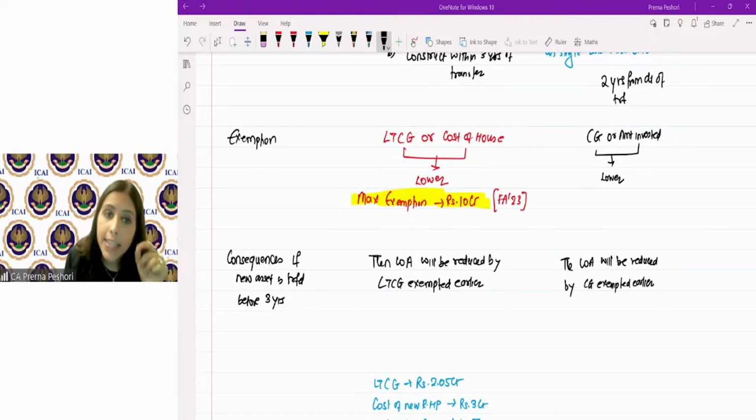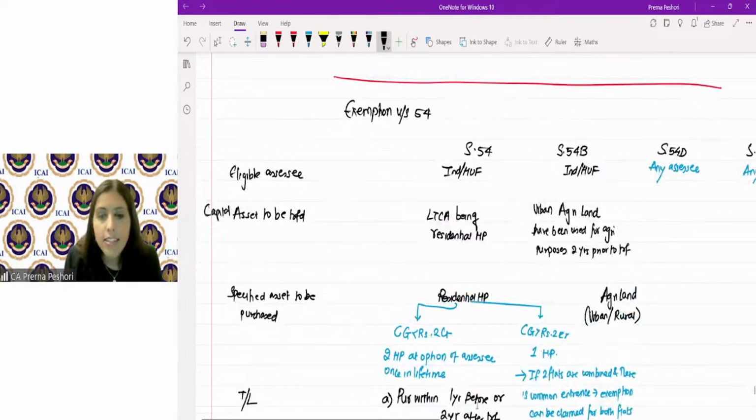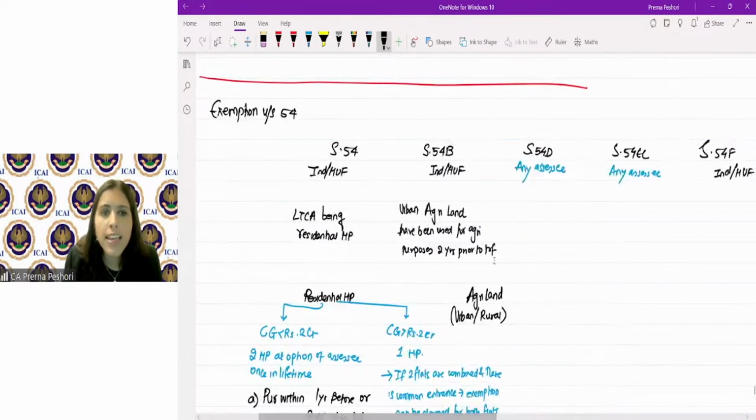No. Yes, Latika, there would not be any taxability for the reason that it's a rural agricultural land. So this is only applicable for urban agri land. Because if a rural agricultural land is transferred, it will not be taxable. So that is section 54B. Here they do not say anything about whether the gain is long-term or short-term. It doesn't say anything.